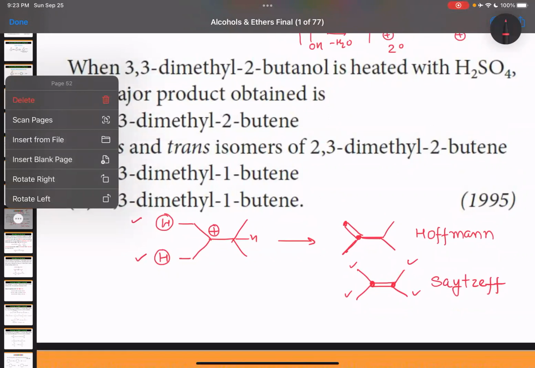So, yeah, what alkene are we going to get over here?